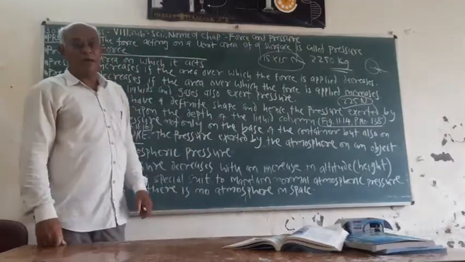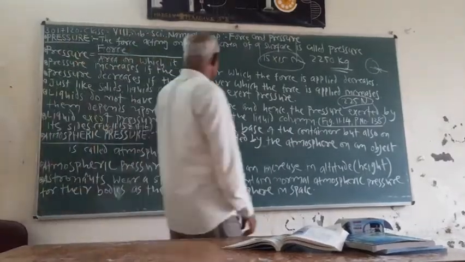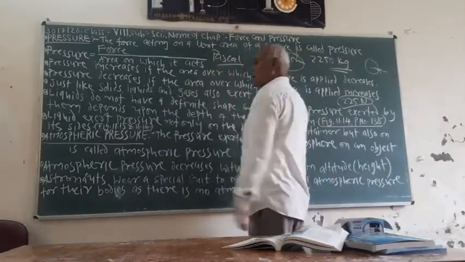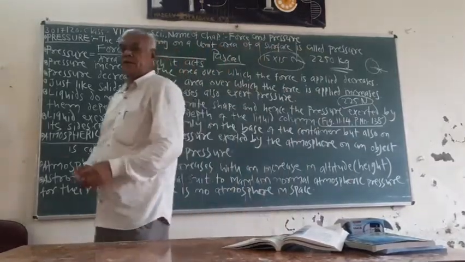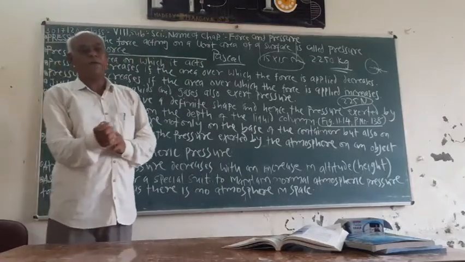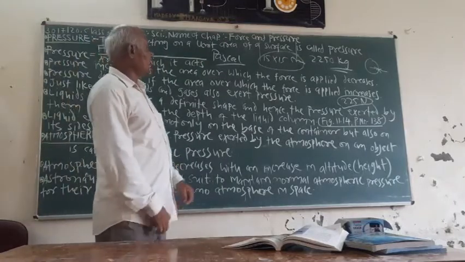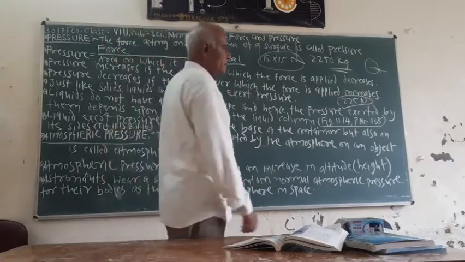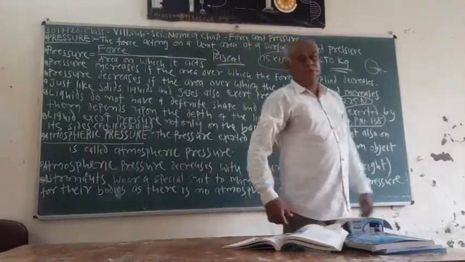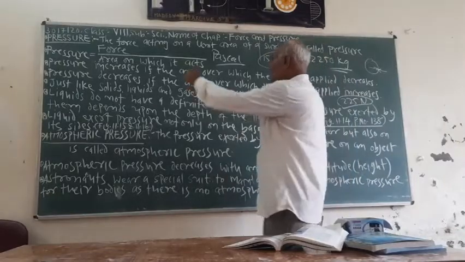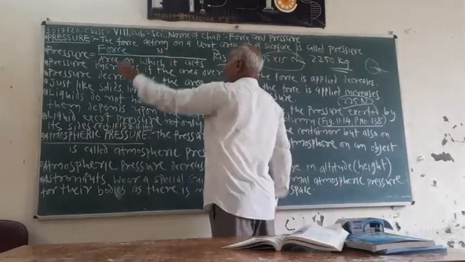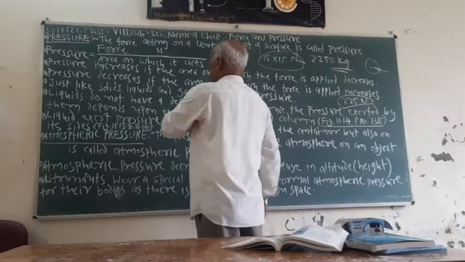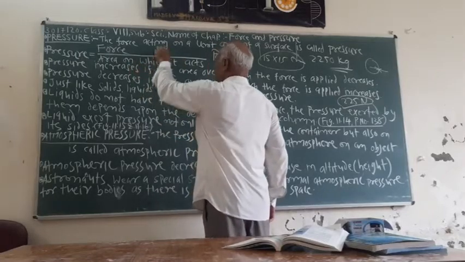The unit of pressure is Pascal. Pascal was a scientist, and in the name of the scientist, the unit of pressure is Pascal. The unit of force is Newton, and the unit of area, we know, is meter square.